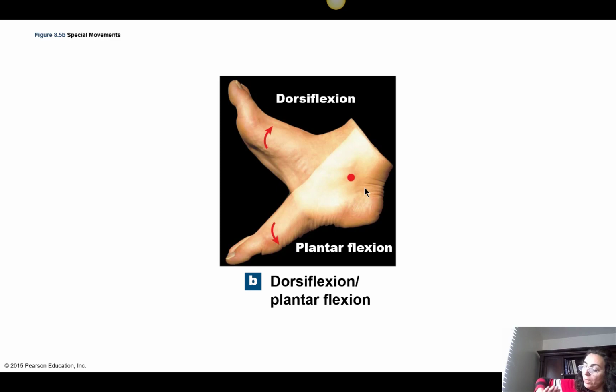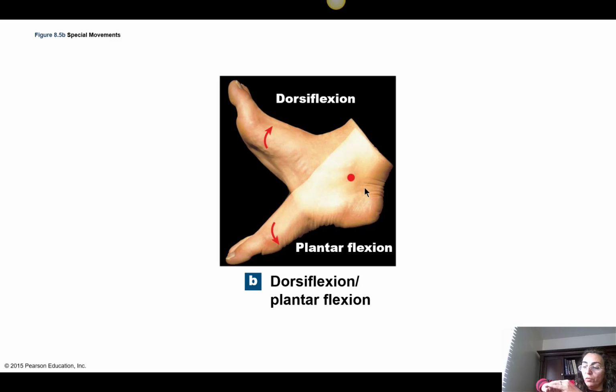The other one again is regarding the ankle. In the neutral, the foot is flat here. This upper part of the foot is called the dorsum of the foot, the one that you see when you look. Compared to the plantar surface, that's the sole of the foot.